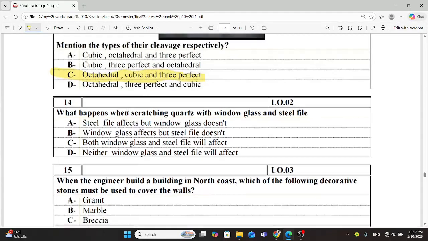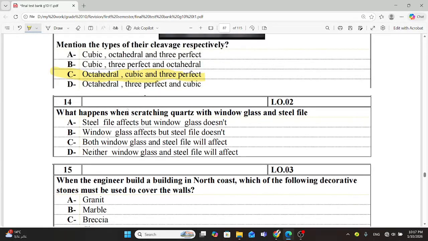What happens when scratching quartz with window glass and steel file? Quartz is 7, window glass is 5.5, steel file is higher. So neither window glass nor steel file will affect it.